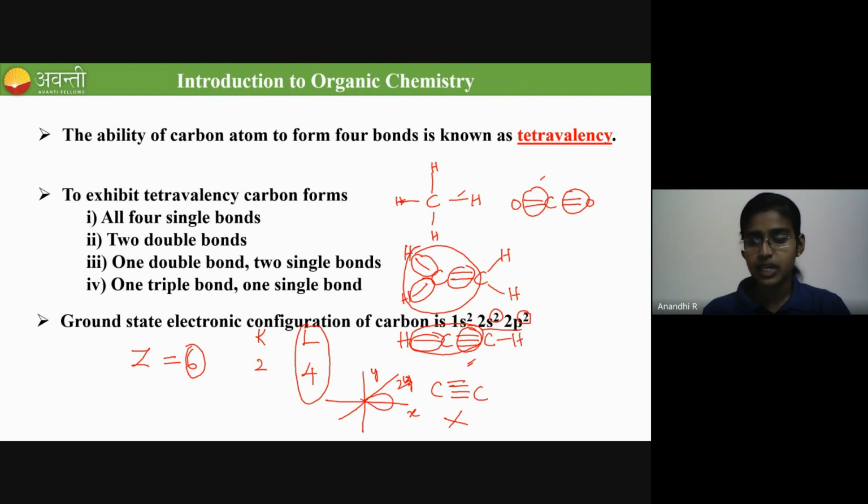One is px, the other is py, and the third is pz. So we don't have a 4th axis. The electrons present in the orbitals cannot overlap with the atom to form a 4th bond. That's why a quadruple bond of carbon with another carbon or some other atom is not possible.